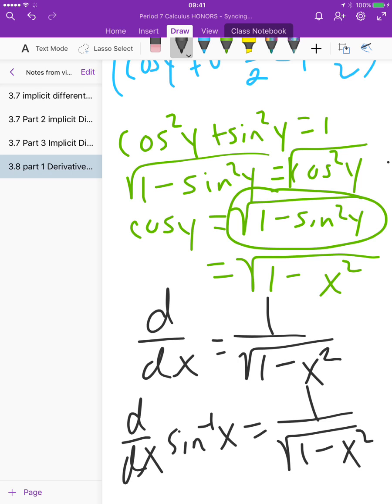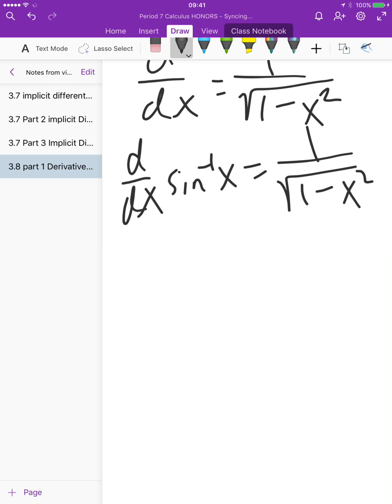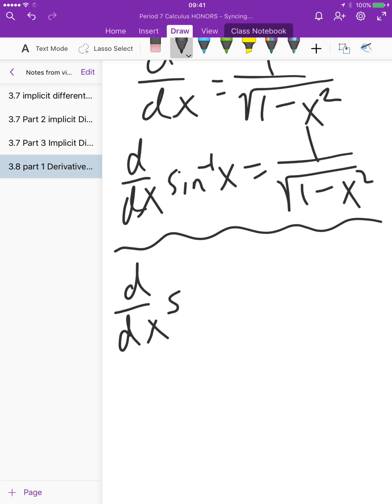But this leads us into a formula that we can use for a chain rule circumstance. So let's say now, as a whole, I want to find the derivative of sine inverse for any function inside, u.